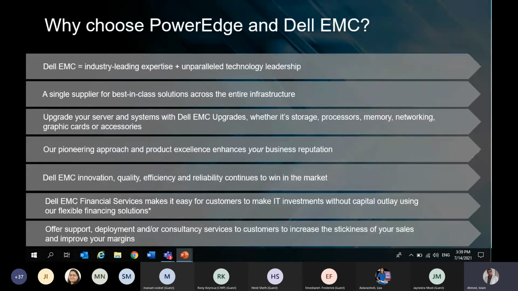Dell EMC innovation, quality, and efficiency. Dell EMC financial services make it easier for customers to make the IT investment without capital outlay. All these reasons make the choice to go to the Dell EMC PowerEdge.